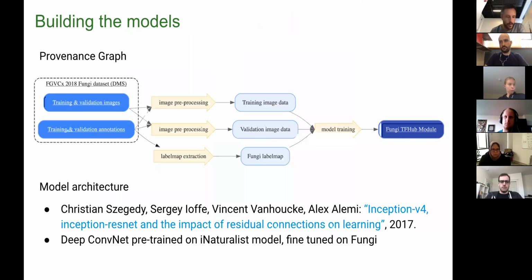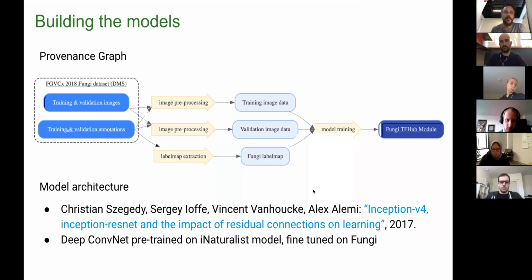If you look on the TensorFlow Hub page, you can see the so-called provenance graph. So as I indicated, there are many models that were pre-trained on other data sets. And I think it's important to give proper credit to everyone in that chain.